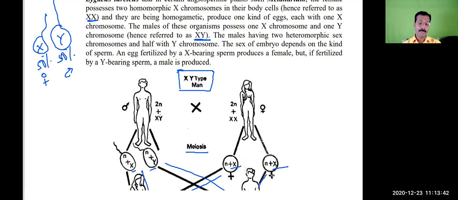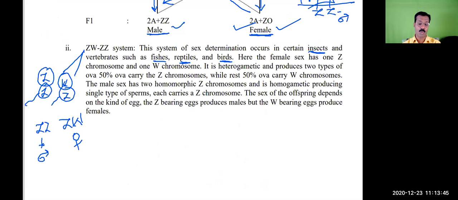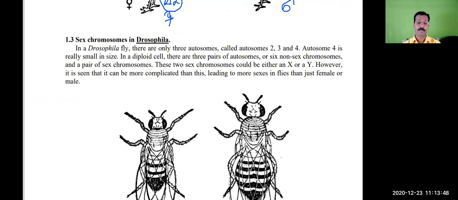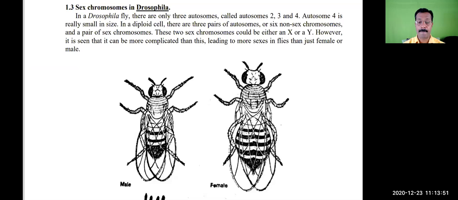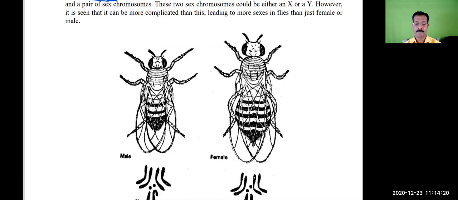The next unit is the sex chromosomes in Drosophila. In Drosophila there are only 3 pairs of body chromosomes, namely second, third and fourth. They are the autosomes, also called body chromosomes. But this fourth body chromosome is very, very small. And the sex chromosomes are X and Y type.